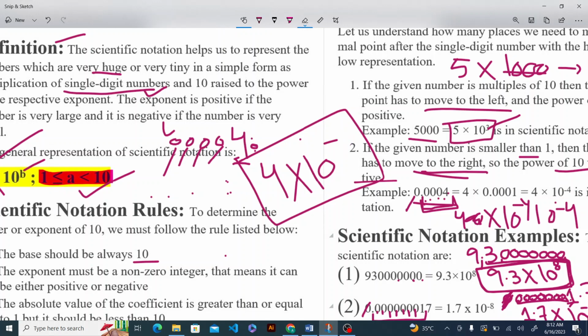Okay, let me admit my mistake and tell you that I did it wrong, and now I have found how to calculate the scientific notation for the tiny numbers. So I have corrected my mistake here, and I have made it clear that we are not going to count this 0.